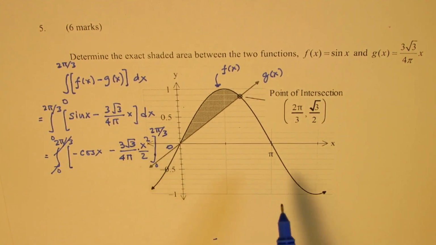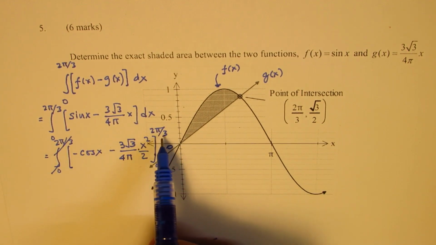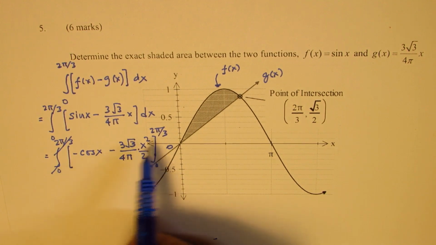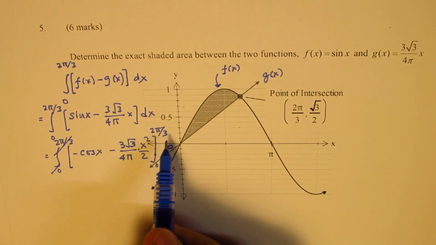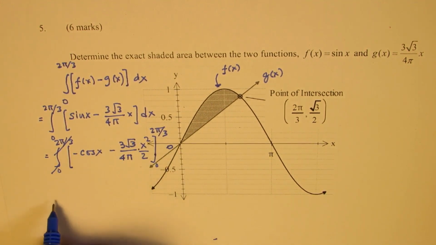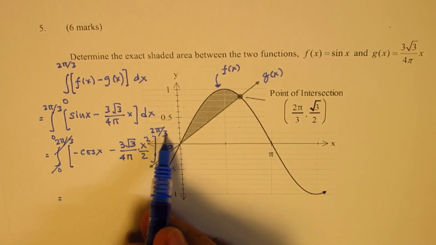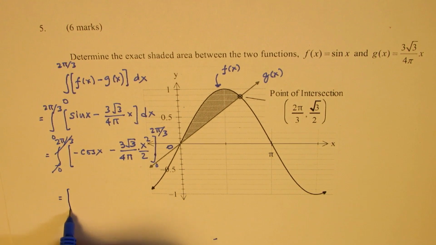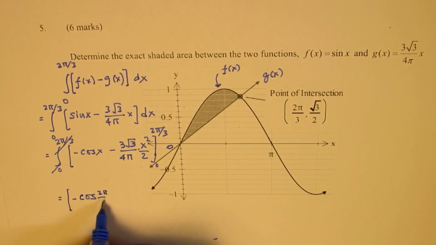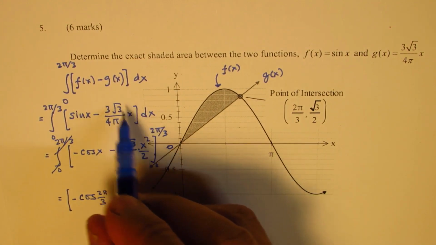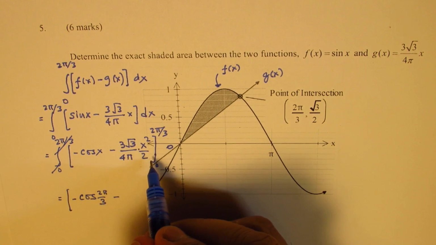We need to now evaluate the value. So we'll just plug in 2 pi by 3 here and then find the solution. Let's first put 2 pi by 3. So we have minus cos 2 pi by 3 minus, okay, let's simplify this if we can.